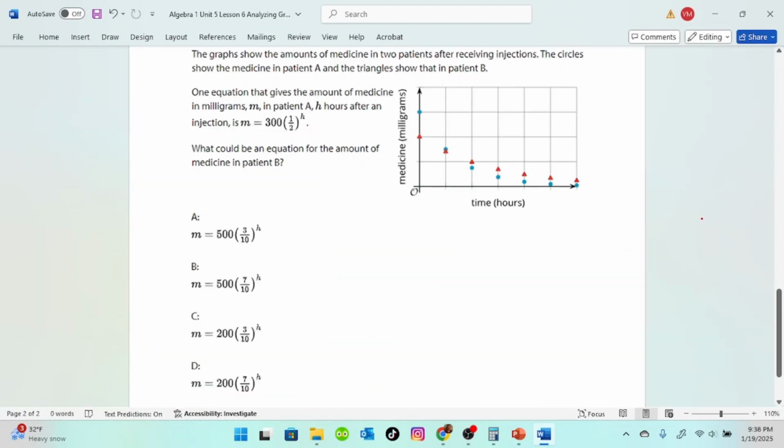Our last practice problem says the graphs show the amount of medicine in 2 patients after receiving injections.